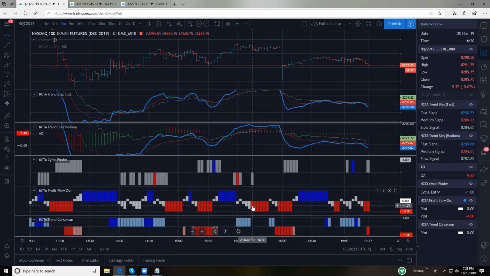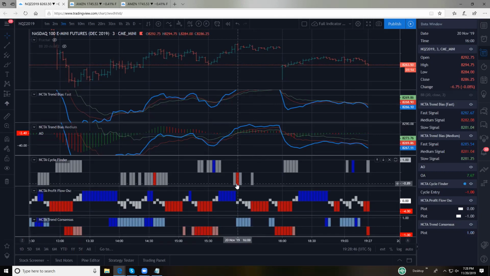Here's our entry right here. It also has to align with the AO. So cycle finder printed, oscillator agrees, the AO agrees. That is a valid entry right there to go short. That is a method B entry.